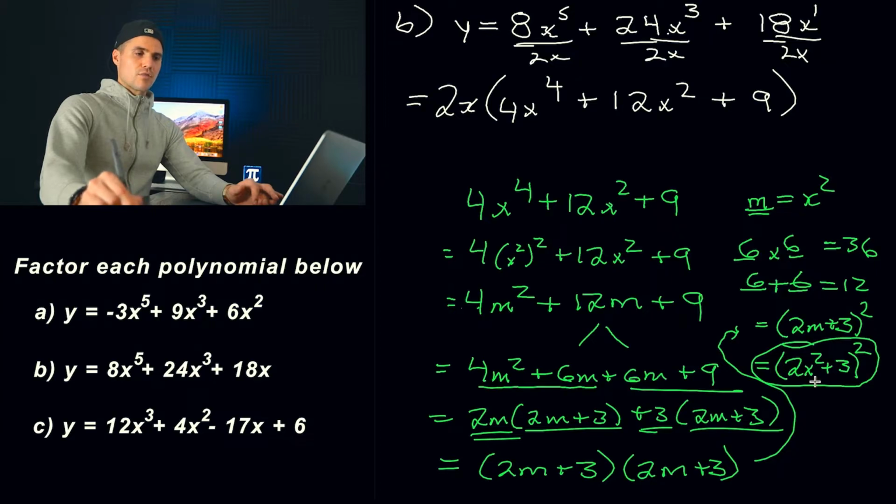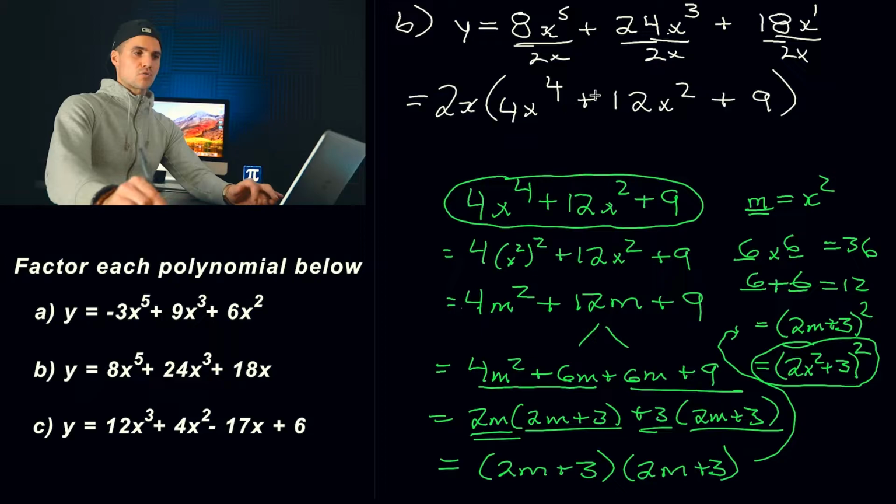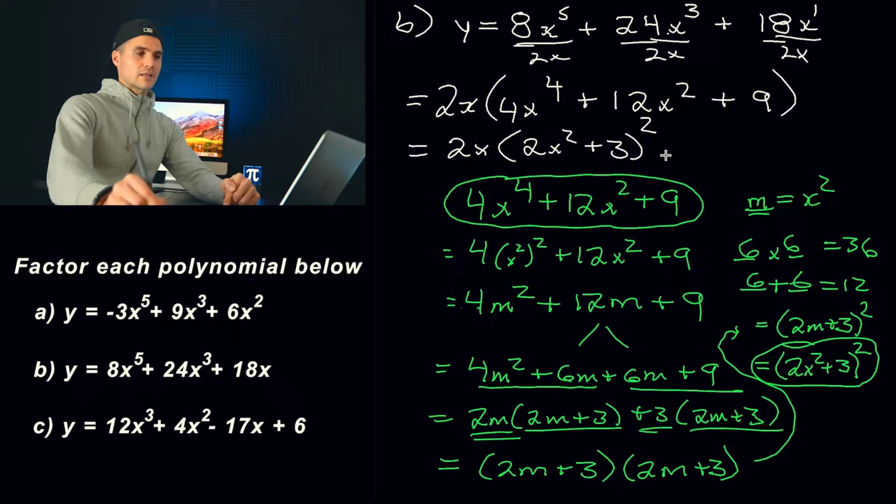So that's the factored form for this bracket that was remaining. And so going back to our main work here, the final answer would be 2x, and then we'd have this 2x squared plus 3 squared, like that.